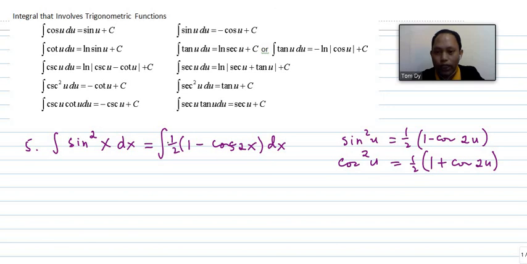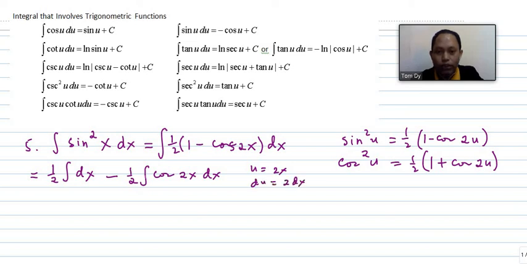So that when we integrate this one, of course we will distribute this integral sign with dx to 1, so equivalent to 1/2 integral of dx. So integral of 1, that is 1 dx, minus 1/2 times this one, 1/2 integral of cosine of 2x dx. So for this cosine u, let u equals 2x, du equals 2 dx. So we must have another multiplier here, which is 1/2.